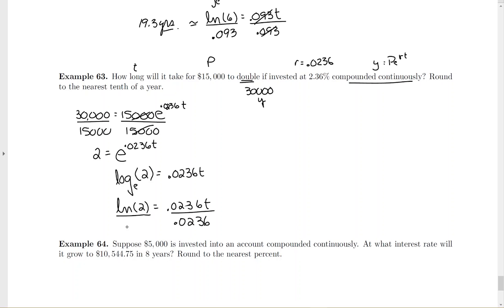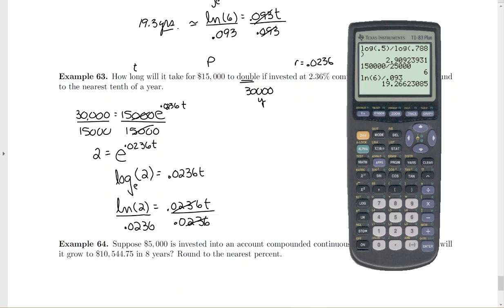Divide by 0.0236. And again, just go straight to the calculator. We want natural log of 2 this time, divided by 0.0236. We get about 29 and 4/10 of a year, so 29.4 years this time.